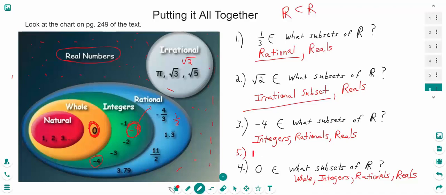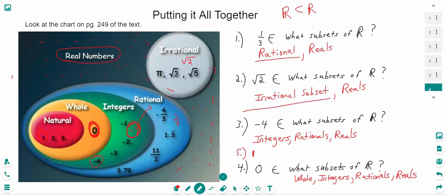What subsets of R is that a member of? You could say, well, 1 is a member of the natural numbers, but that's also found in the whole numbers, which is also found in the integers, the rationals, and the reals. So it's a member of all of those, everything except for the irrationals. All right? Very good.